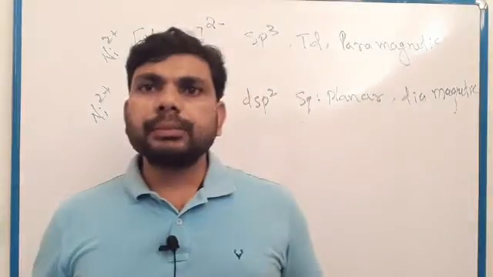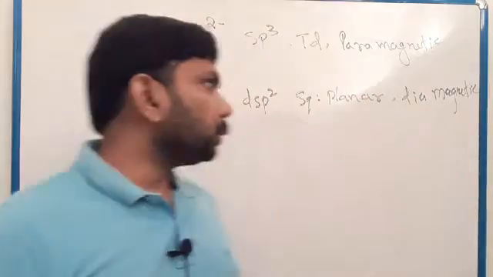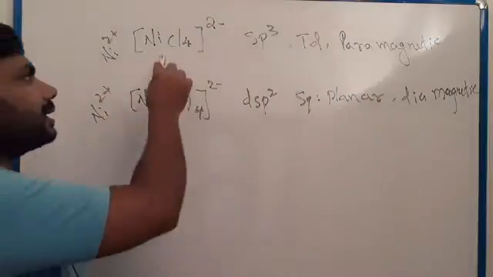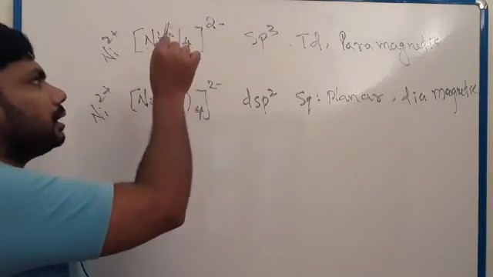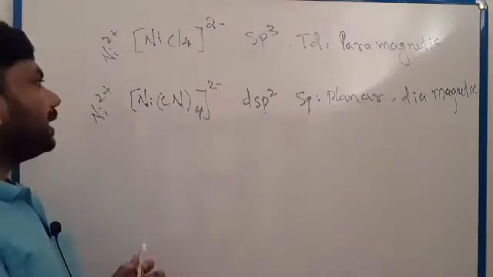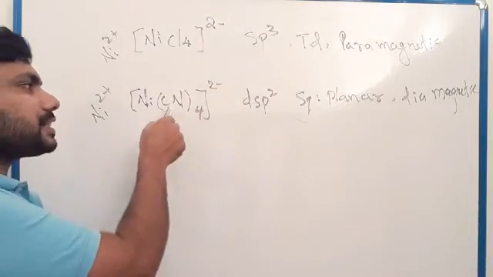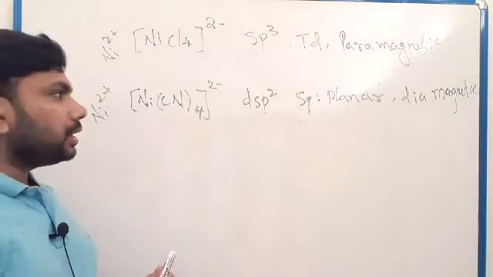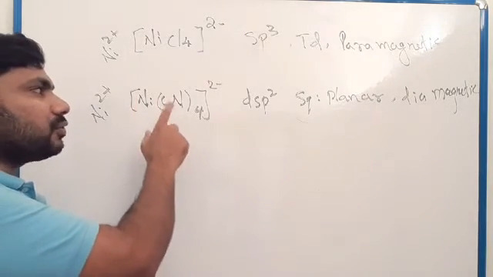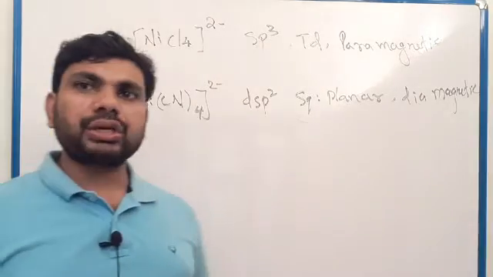Clear? Similarly we have two other coordination compounds of nickel: NiCl4 2 minus and Ni(CN)4 2 minus. Here Cl is chlorine, here CN is cyano.